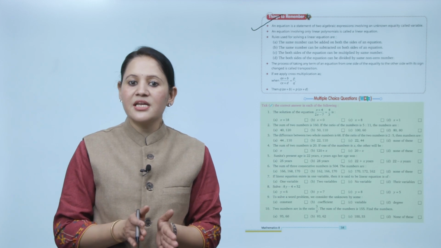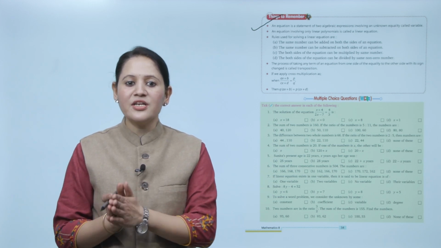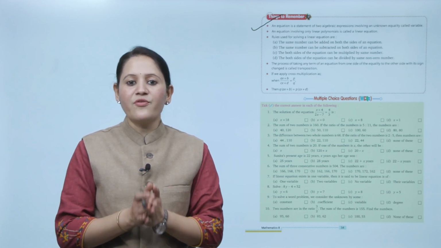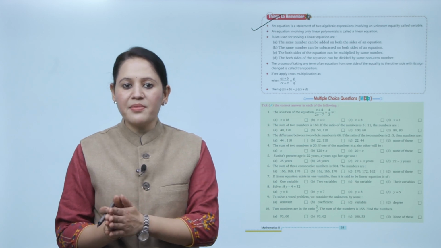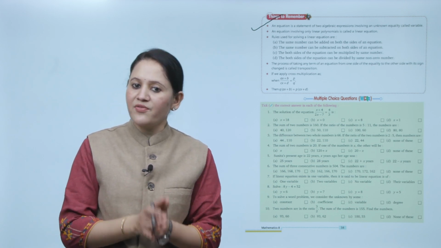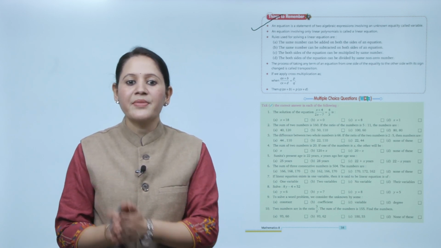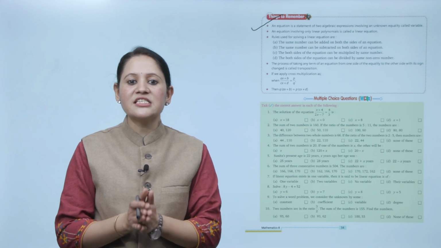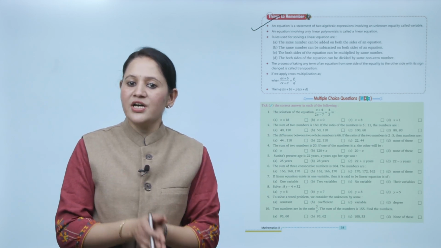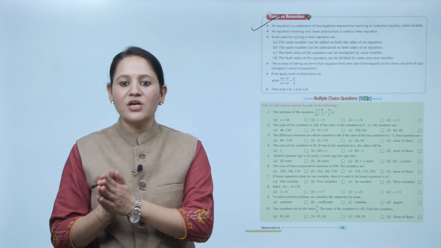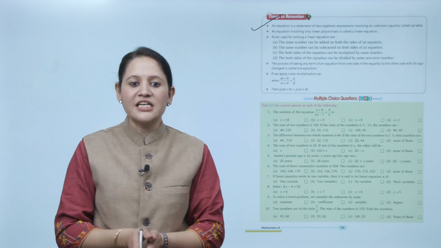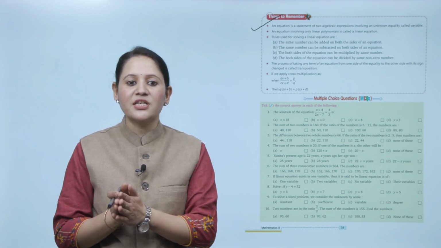The same number can be subtracted on both sides of an equation. Both sides of an equation can be multiplied by the same number. Both sides of an equation can be divided by the same non-zero number. The process of taking any term of an equation from one side of the equality to the other side with its sign changed is called transposition.